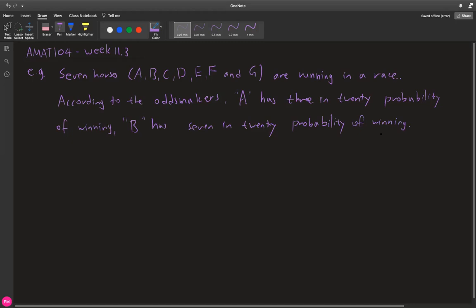And let's say C has 3 in 10 probability of winning.